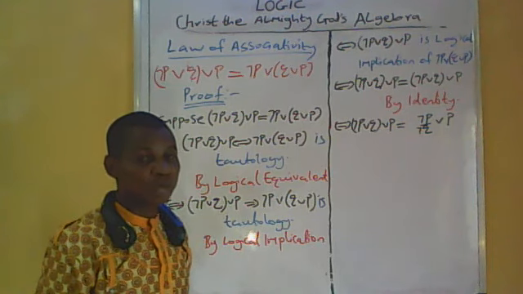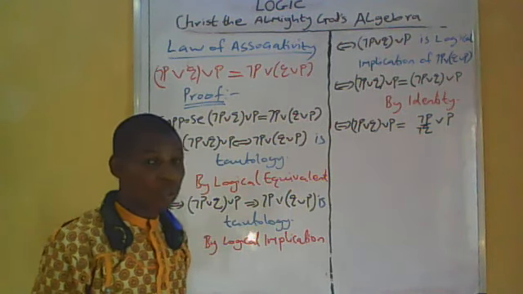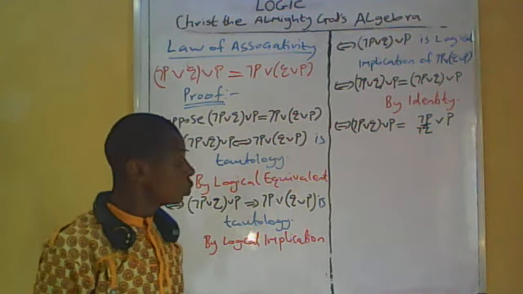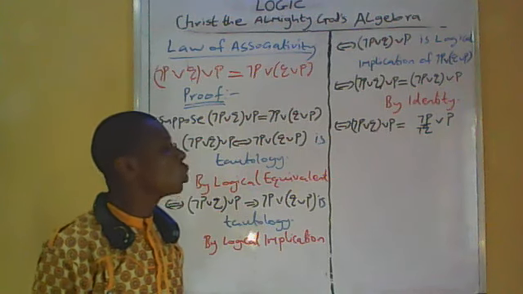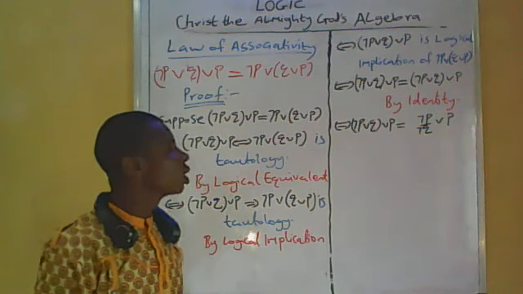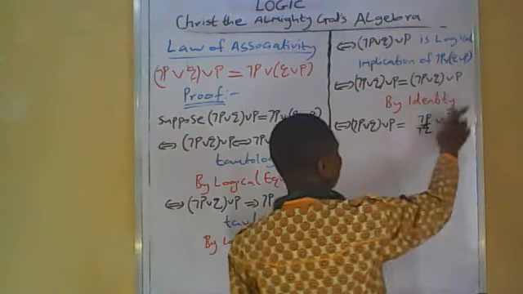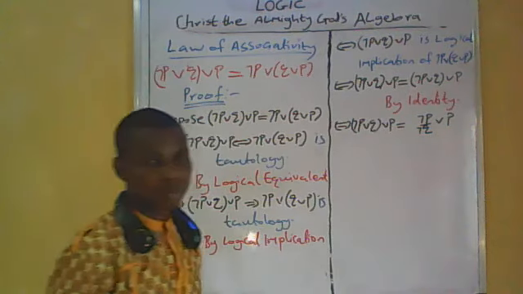That means not P or Q is logically equivalent to not Q implies not P. That means not P upon not Q, or you bring down the P, or P.